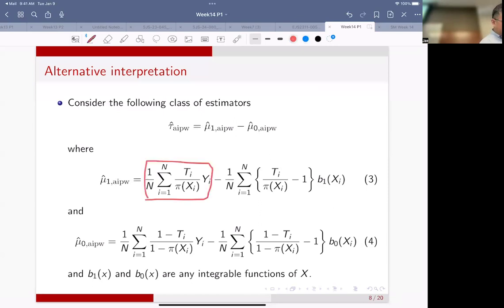The idea is this. Okay, here this is IPW, right? Which is Horvitz-Thompson. So this is the IPW estimator.